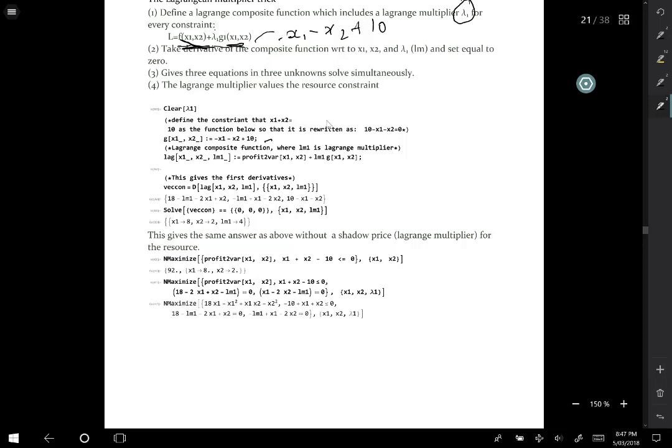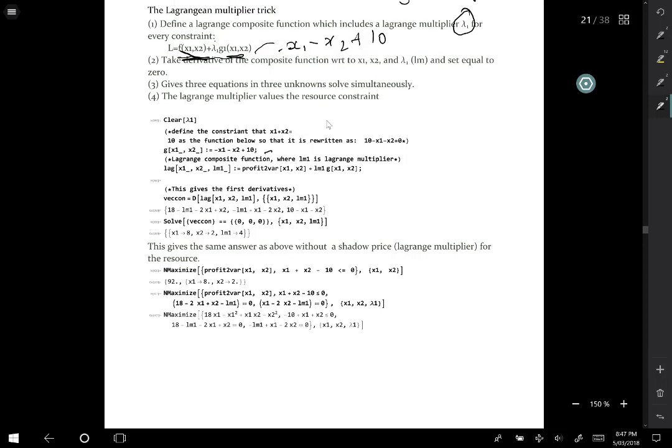We've set it up as minus x1 minus x2 plus 10, and the implication with this constraint is that it's equal to 0, but we don't need to put that in, in fact we can't. And then you have the Lagrange composite function, and we've got the objective function value there plus the Lagrange multiplier multiplied by the constraint function.